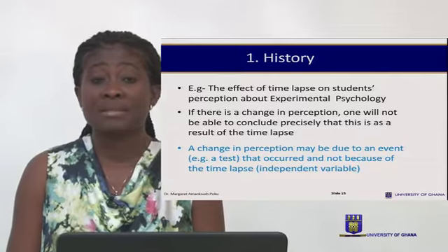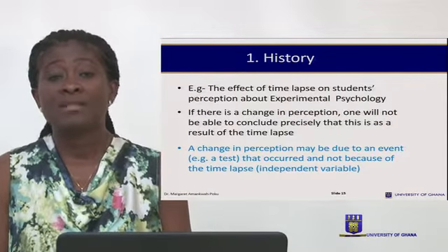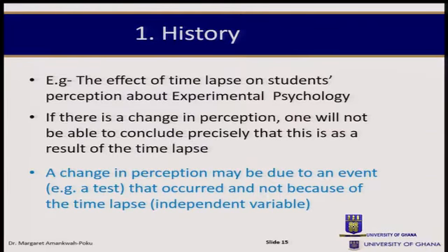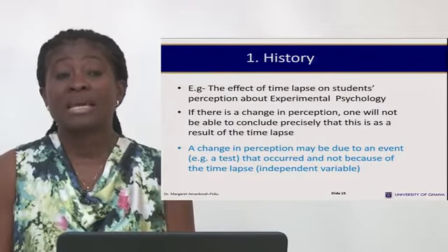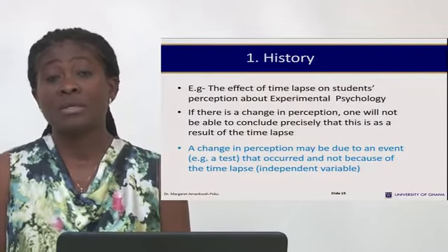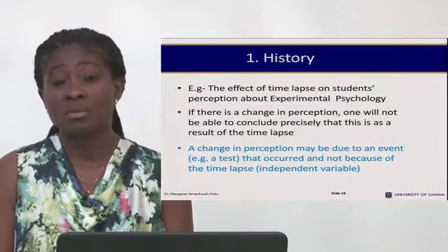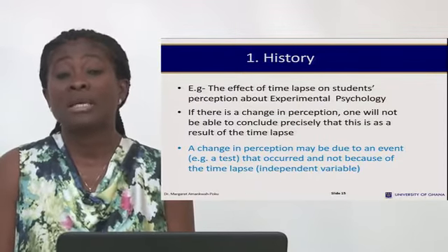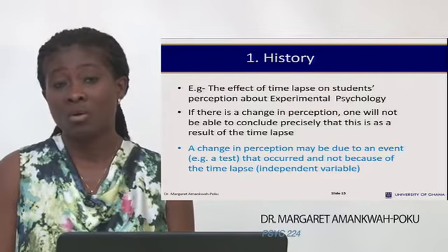For instance, if we look at the effect of time lapse on students' perception of this course I'm teaching you, experimental psychology, we want to find out if students are given time, would they change their perception about this course? At the beginning of the course, maybe 2-3 weeks in, we would give out a questionnaire to students to find out their perception about the course.